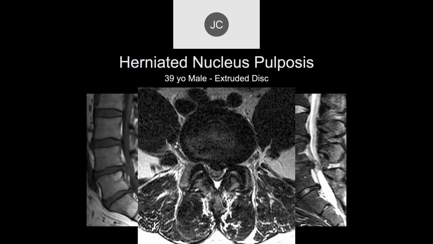Now, one thing about this high signal material, which is very hydrated, is that it tends to be resorbed by the body very rapidly, within a couple of months. So we'll talk about regression of disc protrusion in a little bit. But when you see that, then that really has an extremely good prognosis.